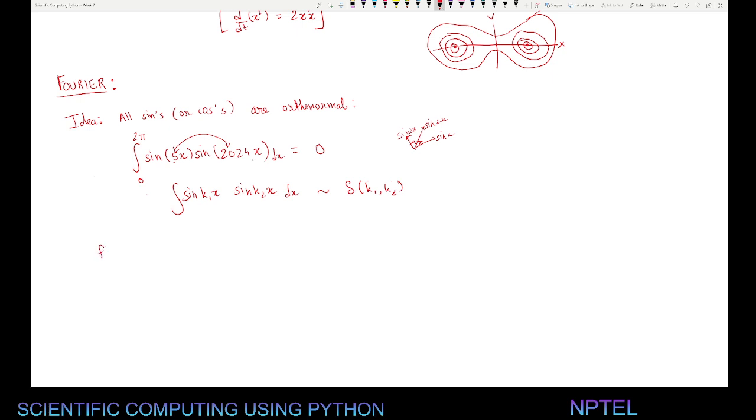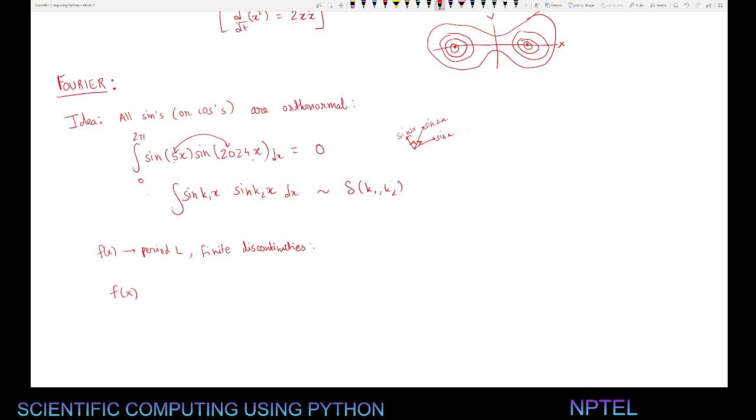So any function f(x) which has period L, okay, and finite discontinuities, can be written as a sum of these sines. So now f can be complex also.